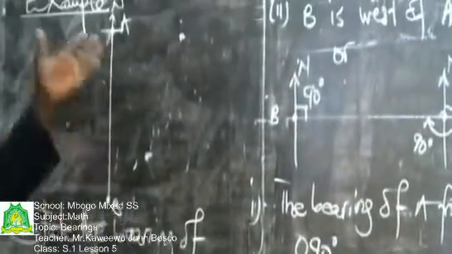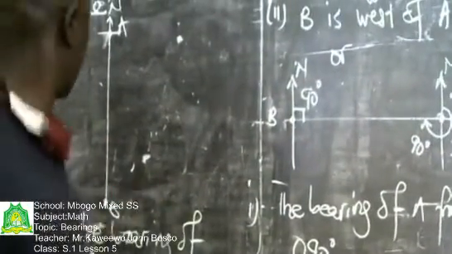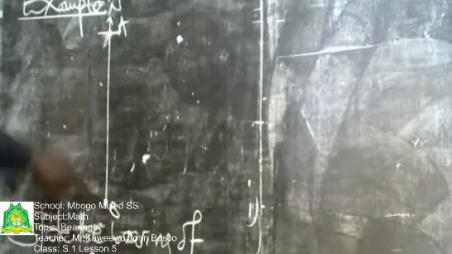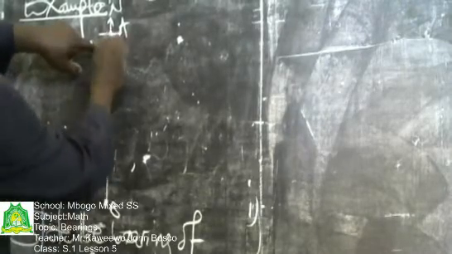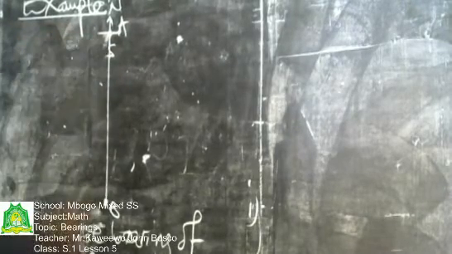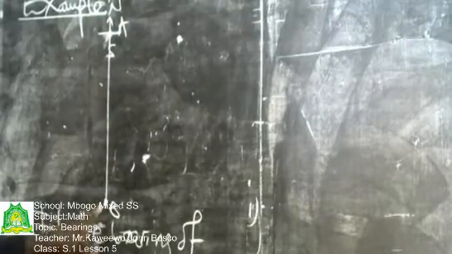Now this is another one for us to look at. Set the bearing of A from B, then set the bearing of B from A. One thing you have to look at is that B is south of A, and A is north of B. Those directions can be clearly interpreted and understood.